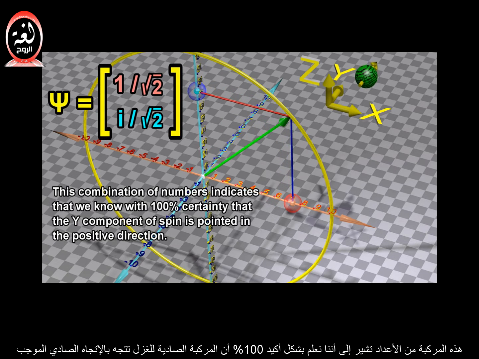This combination of numbers indicates that we know with 100% certainty that the y component of spin is pointed in the positive direction.